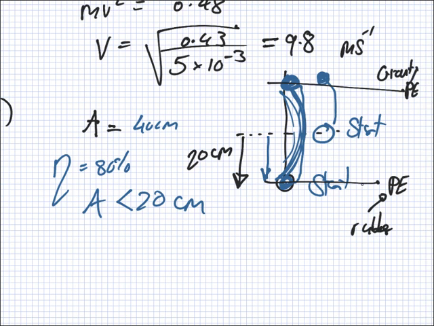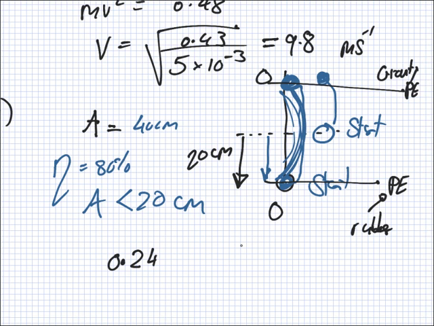So the potential energy you stored here, which, what did we say was 0.28? No, 0.24. That energy gets converted into gravitational potential energy. In both cases, the speed is 0, so we don't need to consider the kinetic.